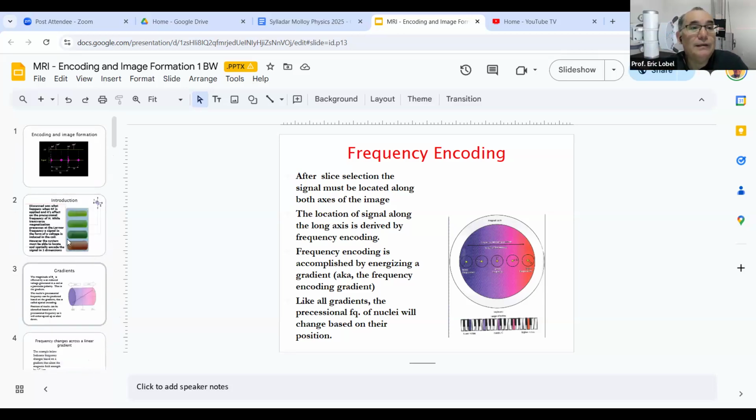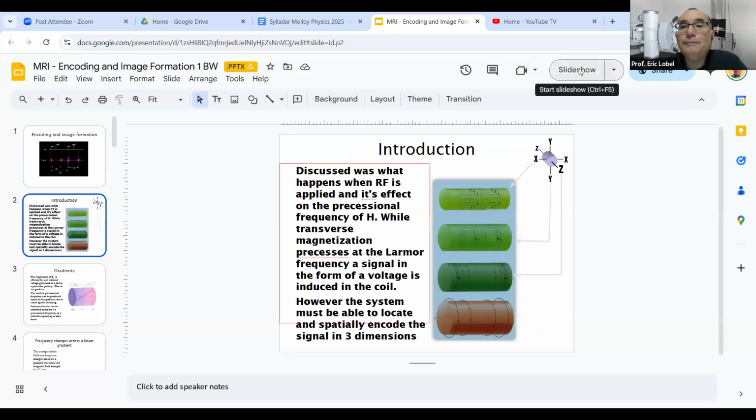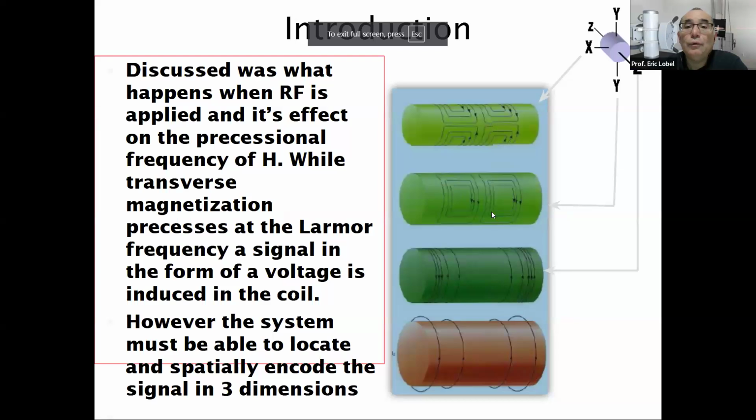So let's get back to the top here. What you see here is X, Y, and Z. Our patient's head is over here, feet going through. So their entire body in three directions are surrounded by these gradients.